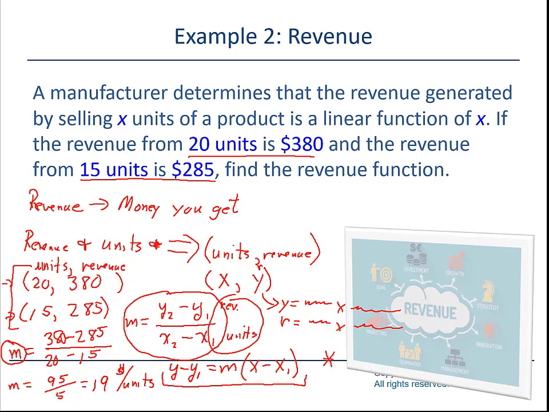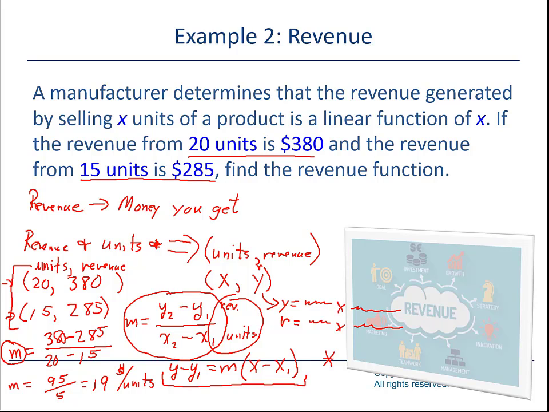The y sub 1 represents a particular y coordinate. Now, you can choose the 380 or the 285, it doesn't make any difference. But once you choose which y value you're going to use here, then you have to use the corresponding x value in the second part.